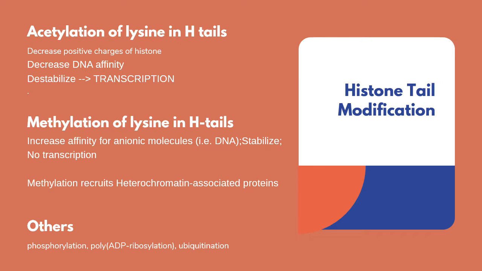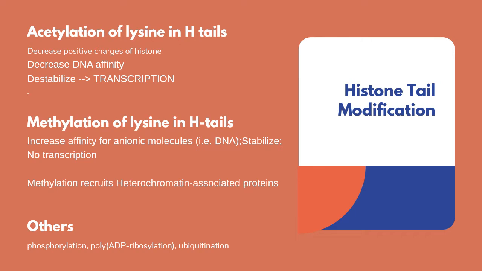Another means to regulate gene expression would be through post-translational modification of the histone tail. An example of this would be acetylation of lysine in the histone tails. Whenever acetylation of lysine residues happens, it decreases the positive charges of the histone.